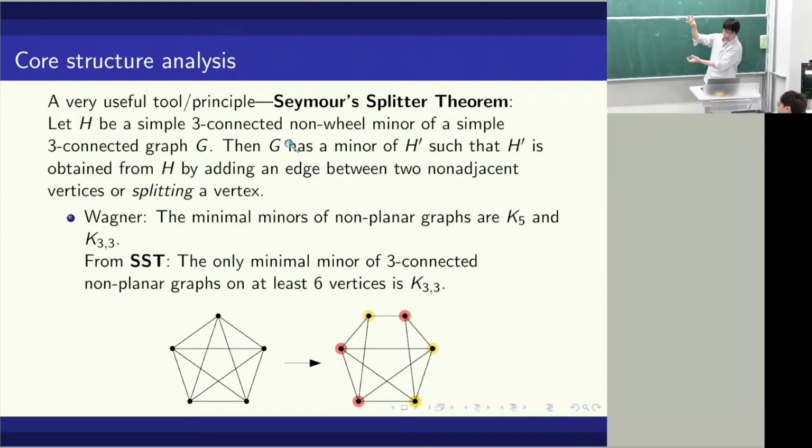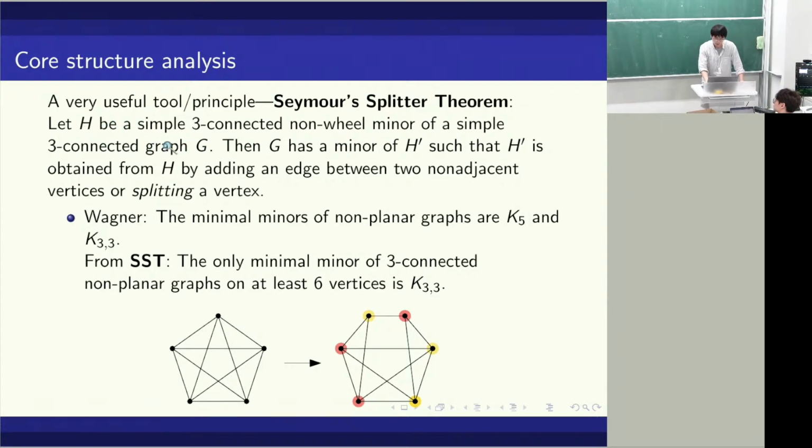Technically the statement is, if G contains H as a minor, and G and H are both simple 3-connected, and H is not a wheel, then G has a minor of another graph H prime, such that H prime is obtained from H by adding an edge or splitting a vertex, and H prime is also 3-connected.